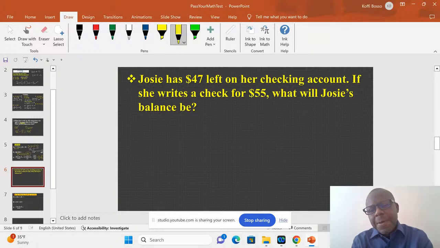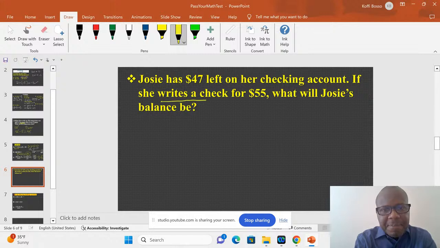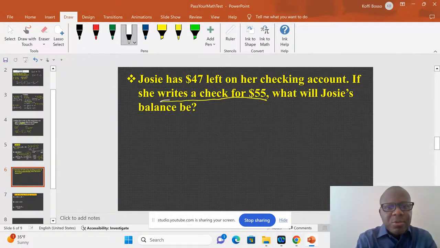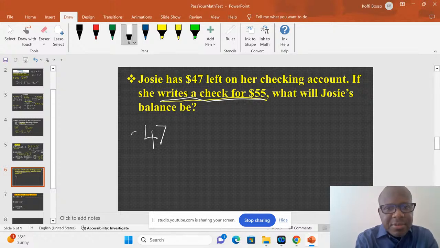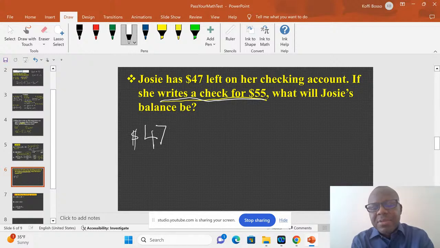Okay, here you have to understand that when they say write a check, that means what? They will take that money out. So you have $47. You write a check for $55.